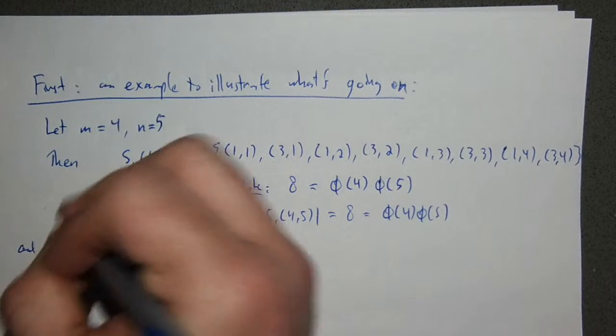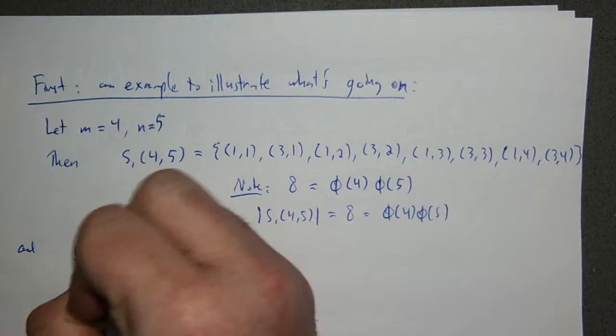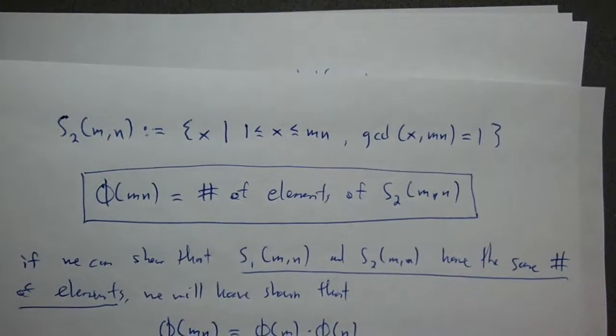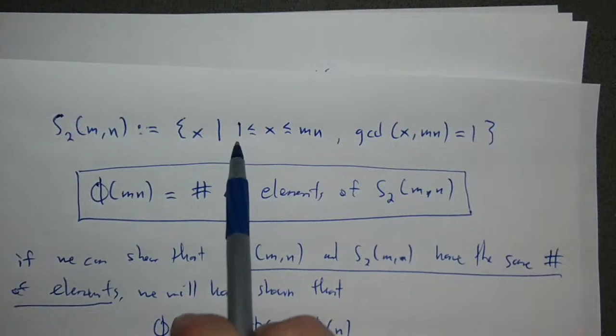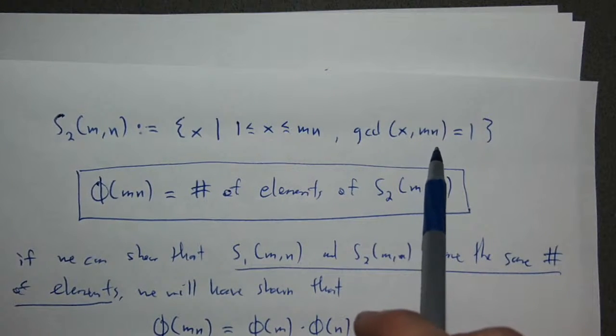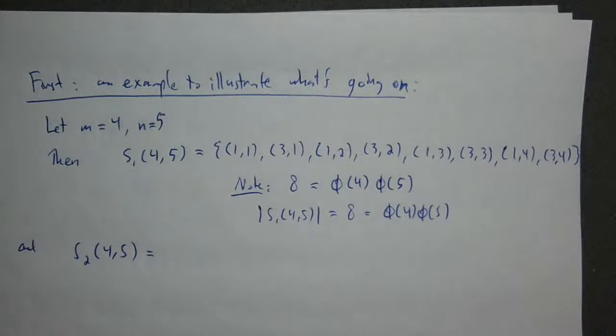And S sub 2 of 4, 5 is, well, remember our definition of S sub 2 is all the integers between 1 and M times N that are relatively prime to M times N. So that is the set of integers between 1 and 4 times 5, so 20, the set of integers between 1 and 20 that are relatively prime to 20.